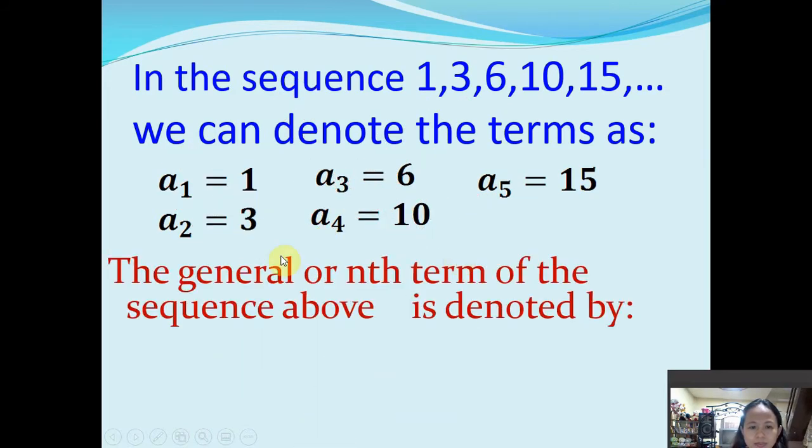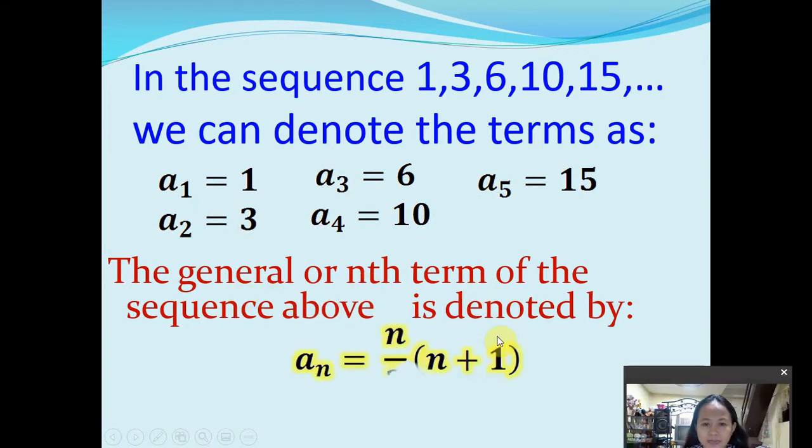Okay, how about if the general rule or nth term of the sequence above is denoted by A sub n, which will be read as nth term, is equal to n over 2 times quantity n plus 1.